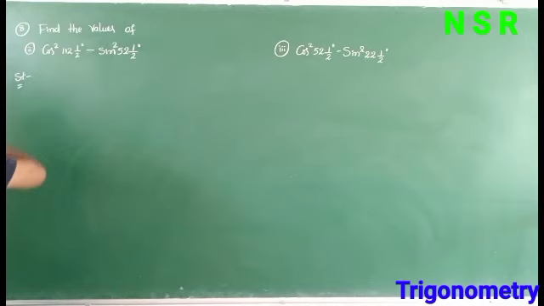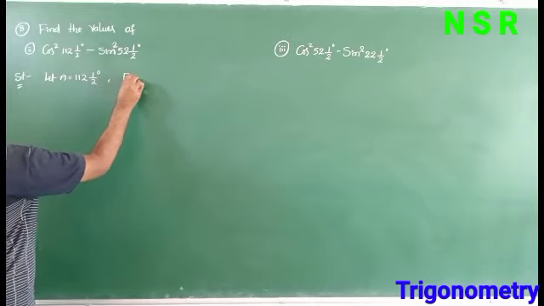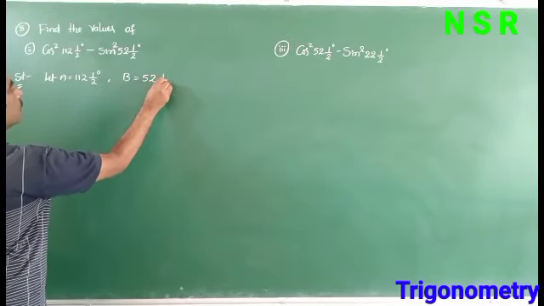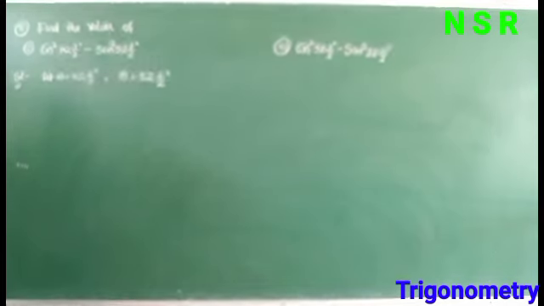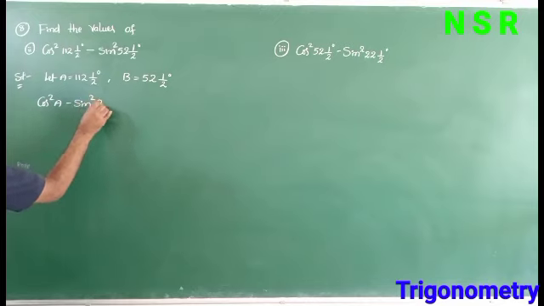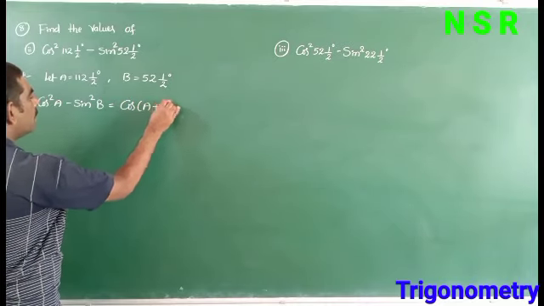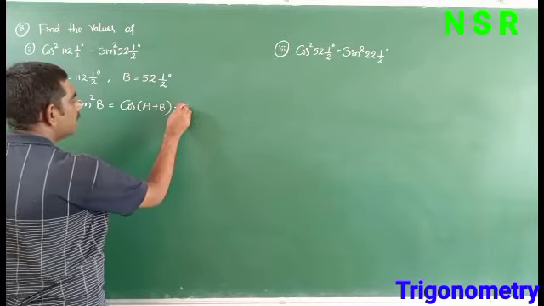The second one is cos square 112.5 minus sin square 52.5. Here also let us consider a equal to 112.5 degrees and b equal to 52.5. Now apply the formula cos square a minus sin square b, which is equal to cos a plus b into cos a minus b.